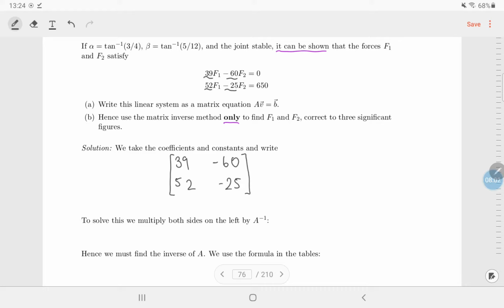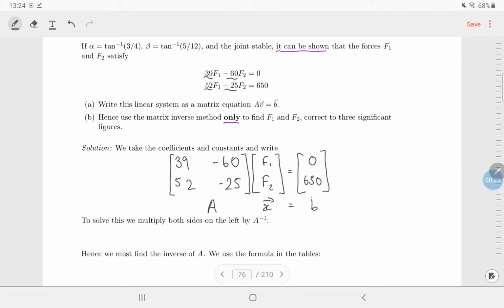That's the matrix of coefficients. Then the vector of unknowns is F1 and F2. And then finally the vector of constants, 0 and 650. So that's A. I could call this F, but that wouldn't be a great idea, as there are possible confusions. I'm just going to call it X.